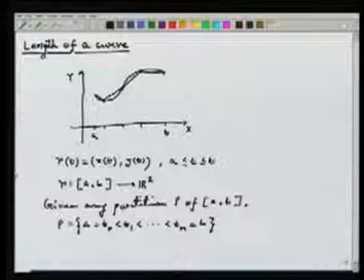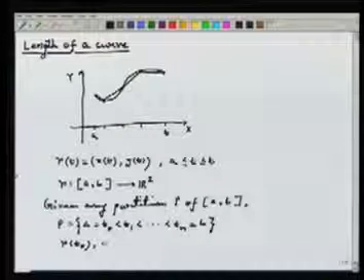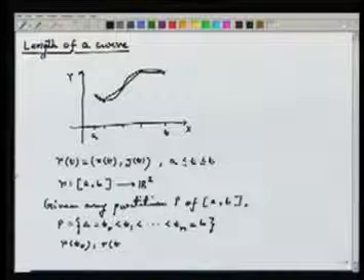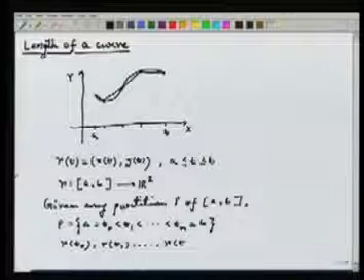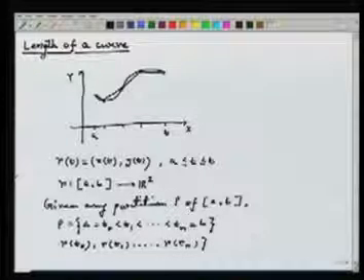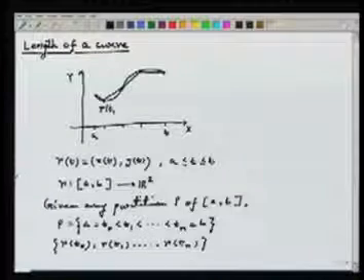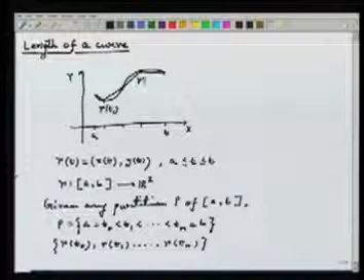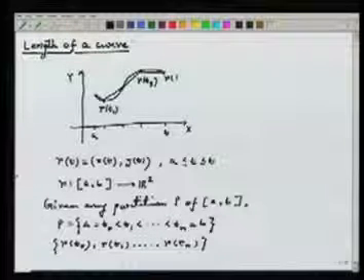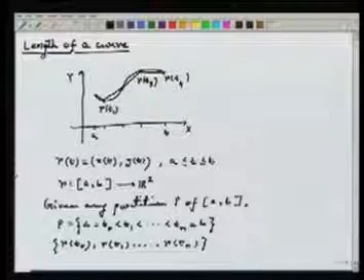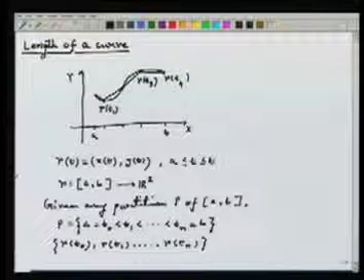So the corresponding points are r(t0), r(t1) up to r(tn). These are points on the curve which I have drawn in the above picture. For example, this point is r(t1), this point is r(t3), and the last point is r(t4), and so on. Whatever partition I take, I get these points and then I calculate the corresponding lengths.